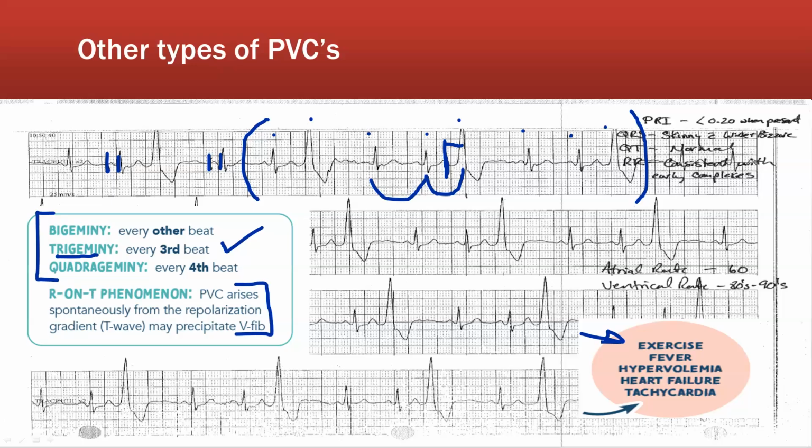And again, that is just when your heart is able to respond to outside stimuli. And if you were to have another beat happen on top of where that relative refractory period is, you could be at risk for R-on-T and then going into a torsades or a V-fib.